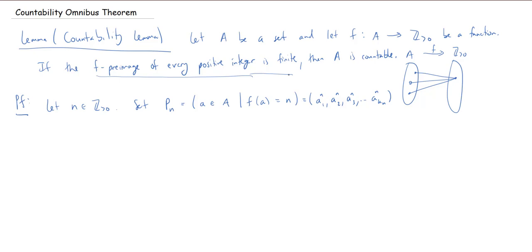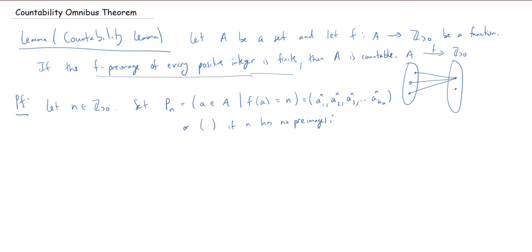Now it also could be that there are no preimages. I might have some positive integer, and nothing maps to that positive integer, in which case I'll just define it to be the empty list. So if n has no f preimages.